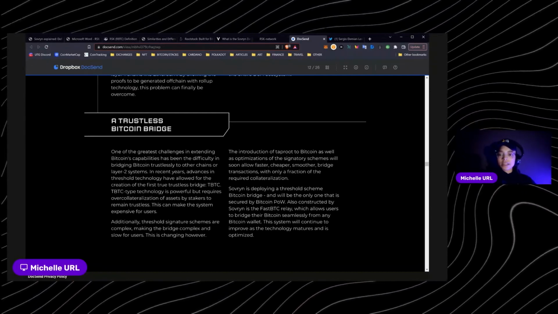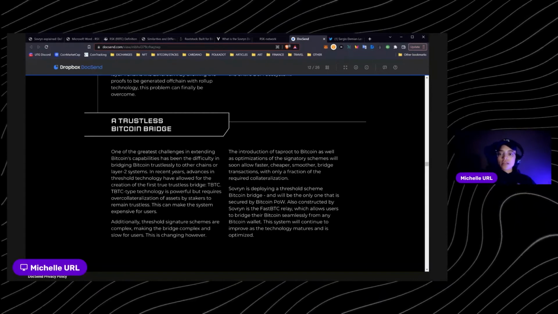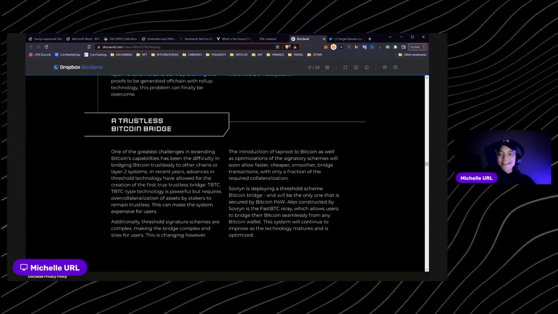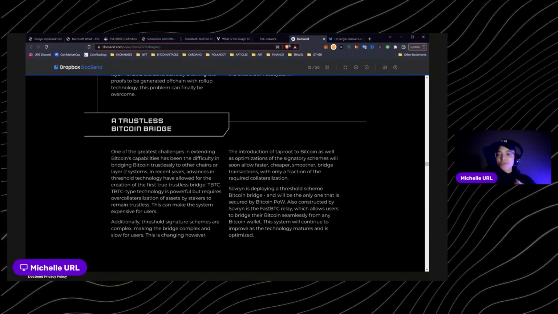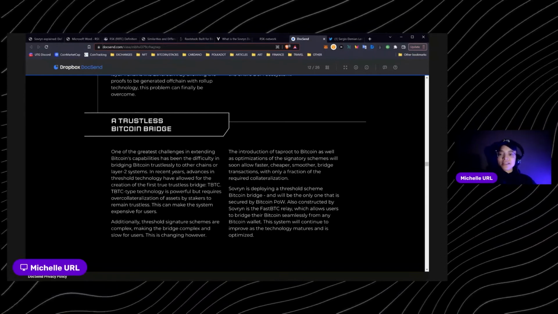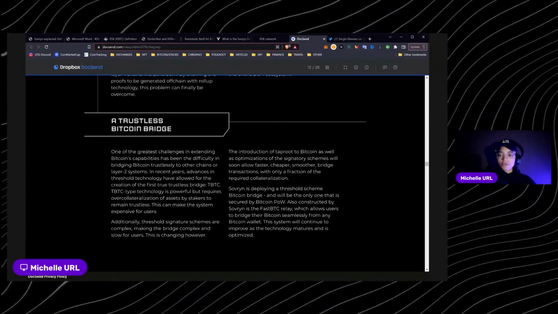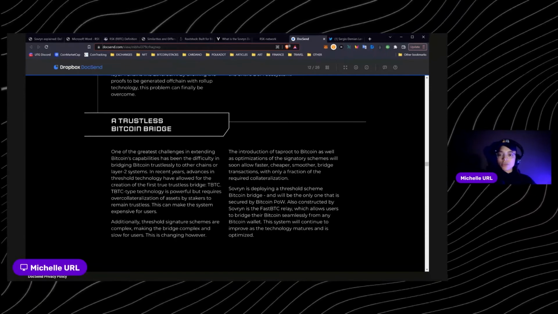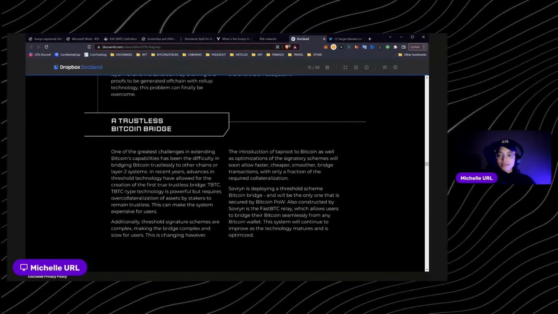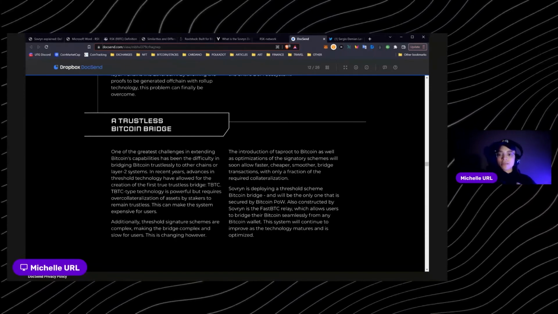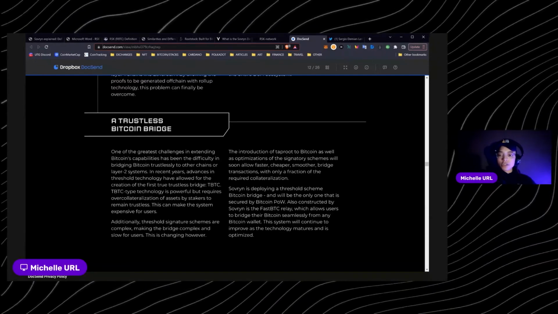TBTC-type technology is powerful but requires over-collateralization of assets by stakers to remain trustless. This can make the system expensive for users. Additionally, threshold signature schemes are complex, making the bridge complex and slow for users.